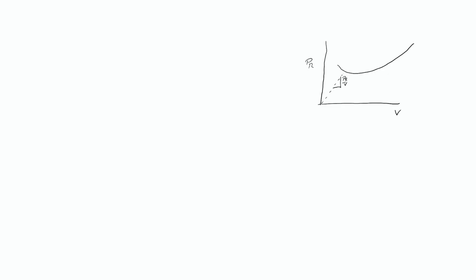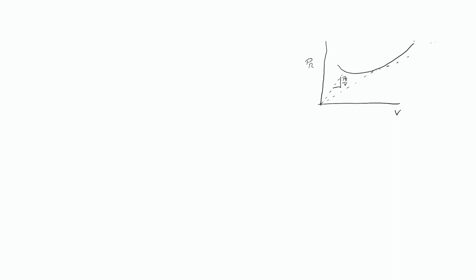And what is happening to this slope? At this point this is the slope, and then at this point the slope is decreasing, and at this point the slope becomes minimum. After that the slope is again increasing. So the point here is that the slope is first decreasing, becomes minimum at this point, and then again increases.